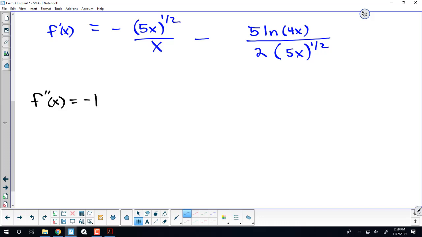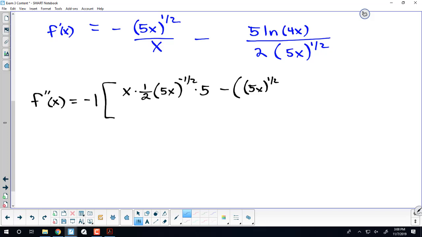So we'll have the bottom times the derivative of the top, minus the top, just put this in parentheses, minus the top times the derivative of the bottom, all over the bottom squared.